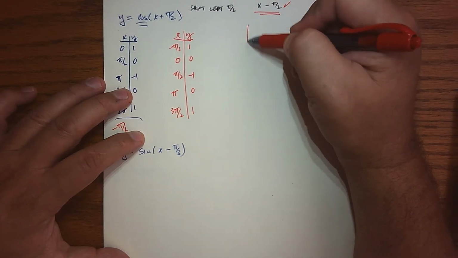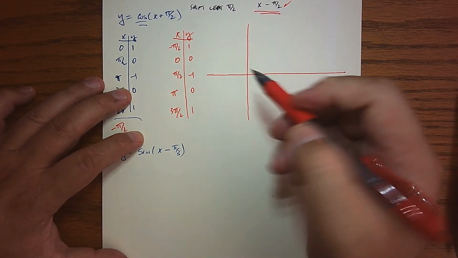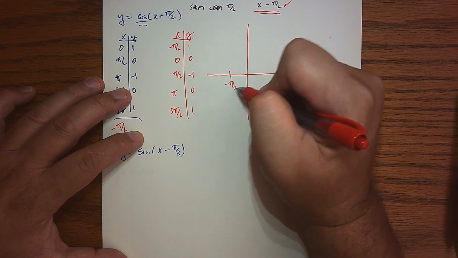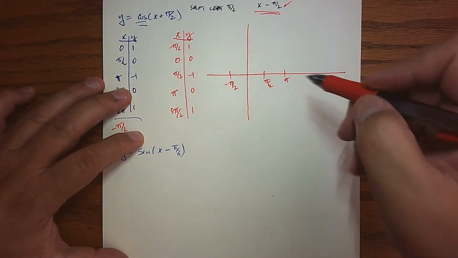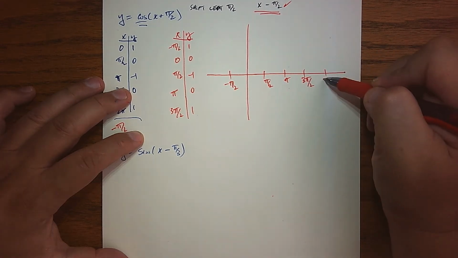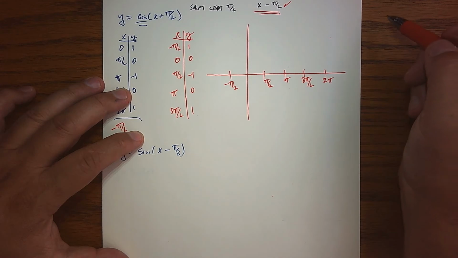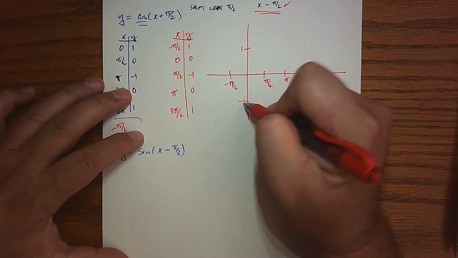So in constructing this graph, we're going to go back to negative pi over 2. We have pi over 2, we have pi, we have 3 pi over 2, and we have 2 pi. Graphing this new function in red, here's 1 and negative 1 respectively.